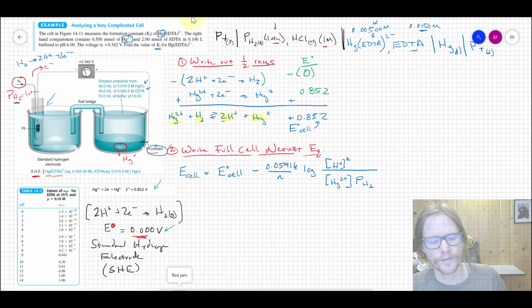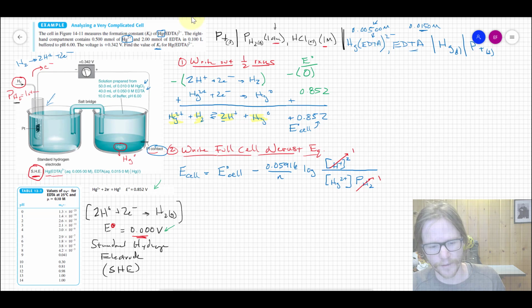There's a couple things that we can do here. One is that because we're told that this is SHE, a standard hydrogen electrode, what that has to mean is that the concentration of H plus is 1 molar and that the pressure of hydrogen gas is 1 atmosphere. So 1 squared is 1, and pressure being 1, this simplifies to 1 over the mercury concentration.